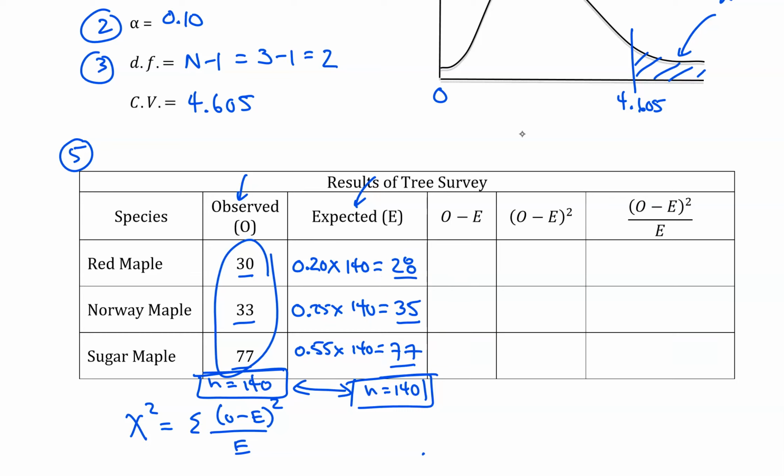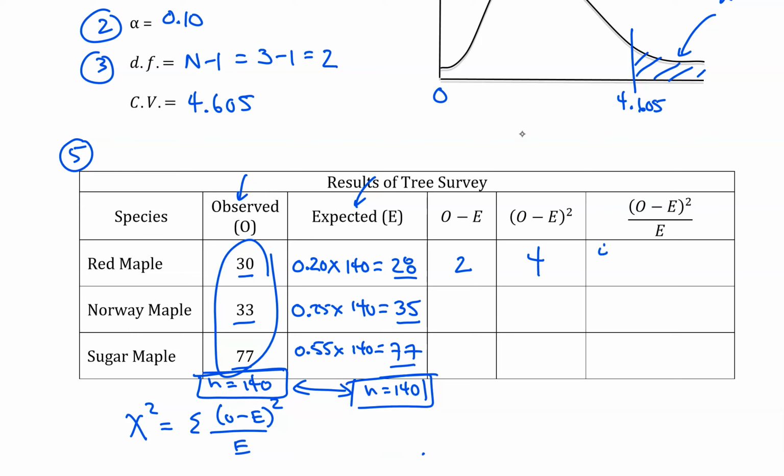So I have my column set up in 3 steps. O minus E would be my first step, square it, divide it by E as we go. You can jump all the way to the last column if you want to. It doesn't make a difference mathematically. I'm just going to do the 3 steps as we go. So 30 minus 28 gives me 2. 2 squared gives me 4.